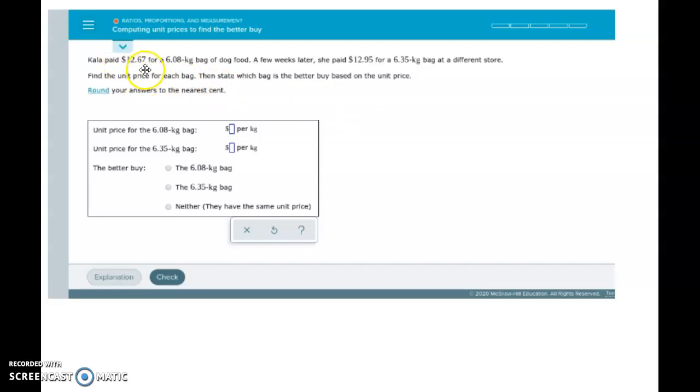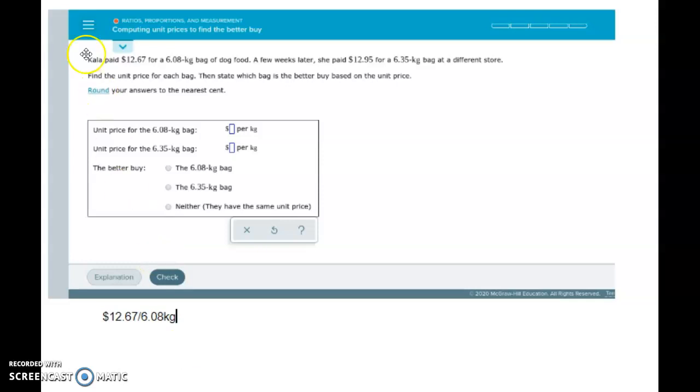First, let's look at this one. $12.67 for a 6.08 kilogram bag of dog food. So what I'm going to do is divide 12.67 by 6.08 kilograms of dog food. Let's put dollar signs so you know what we're doing.